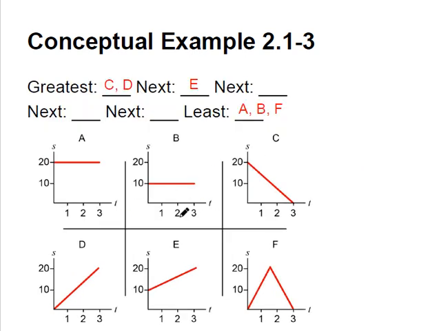I need you to see a little bit bigger diagram. So we have C and D, the greatest, because when you look at C and D, it has a positive slope from 0 all the way to 3. And we're looking at the average velocity.